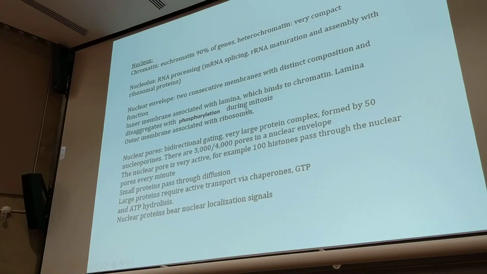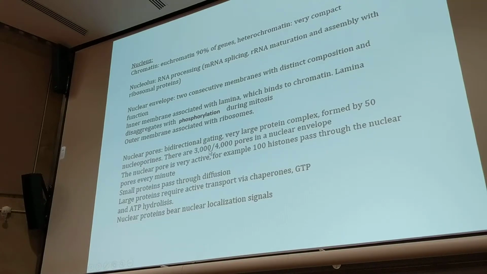Just recapitulating what I explained. The nuclear pores are involved in bidirectional gating. This is gating transport. It is made out of a very large protein complex formed by 50 nuclear porins.